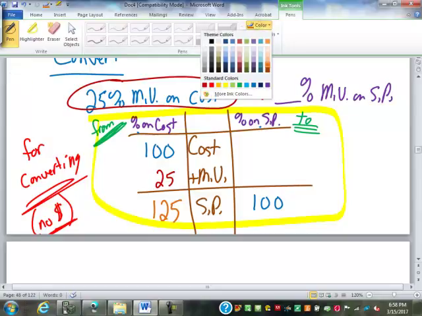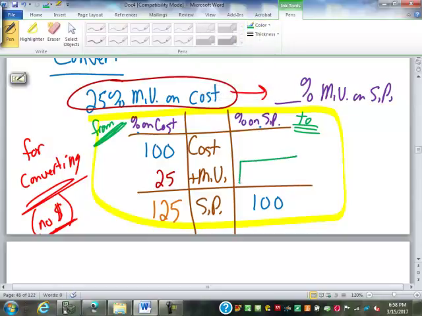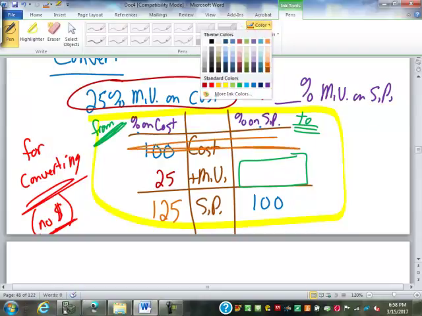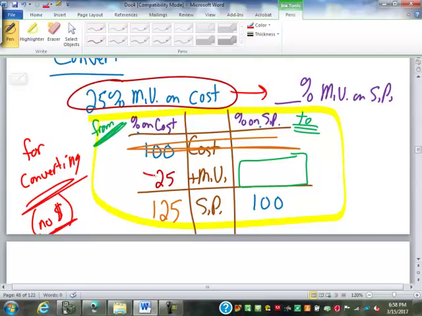What I am looking for here is the percent markup on the selling price side. So I don't need this top row. So I'm going to do 25 times 100 divided by 125, which is 20. A 25% markup on cost equates to a 20% markup on selling price.